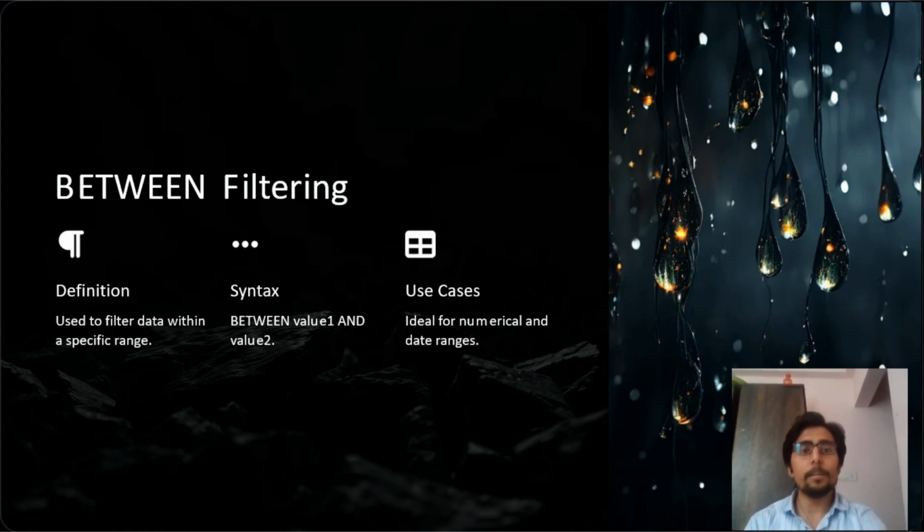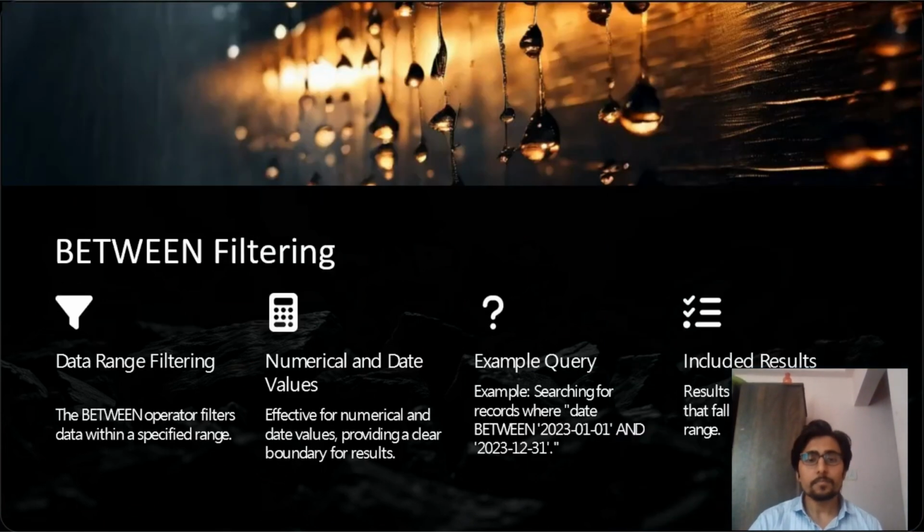So BETWEEN filtering is basically used to filter data between a specific range. For example, between value 1 and value 2, if you want a set of records, then you can use the BETWEEN operator. So for data range filtering, the BETWEEN operator basically filters the data within a specified range. For example, you want data between two dates.